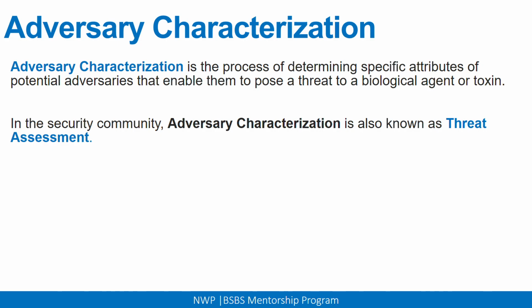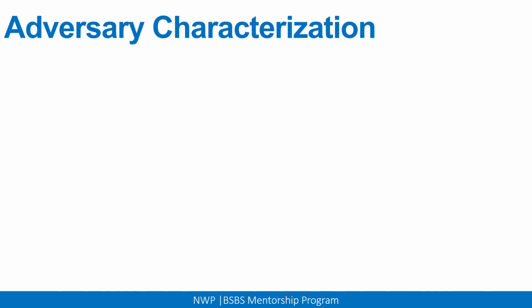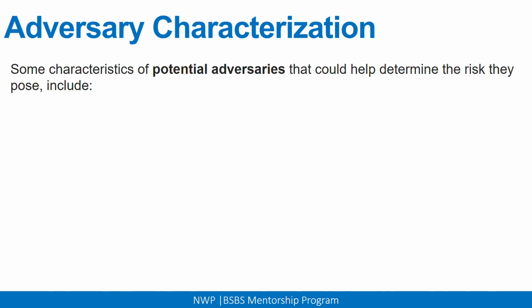So you're looking at the threat, because mostly the threat to your assets are your adversaries or people that may want to come in and get your assets. Some characteristics of potential adversaries that could help determine the risk they pose include the motive, the means, as well as the opportunity.